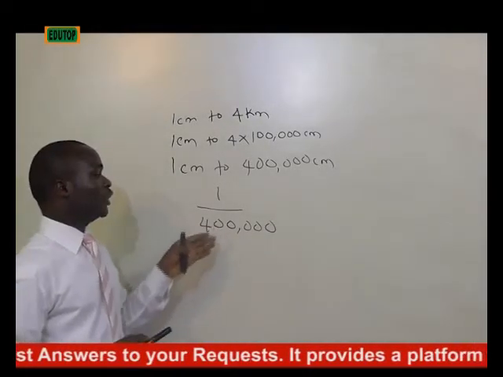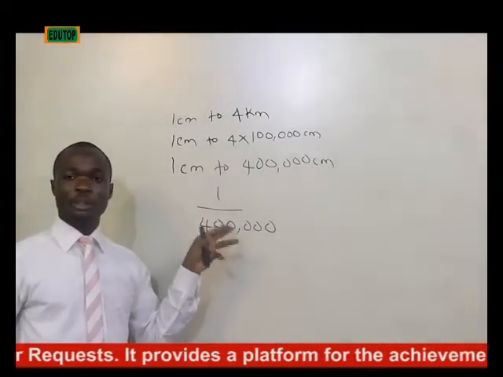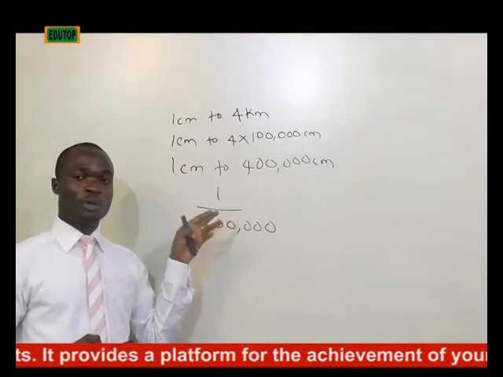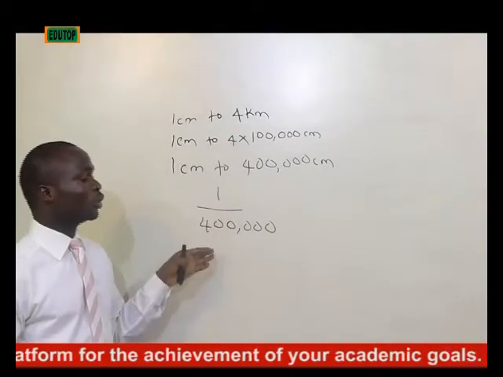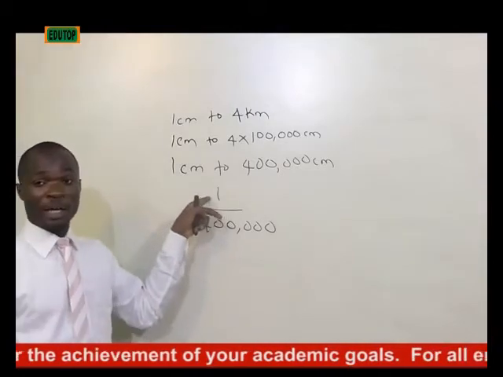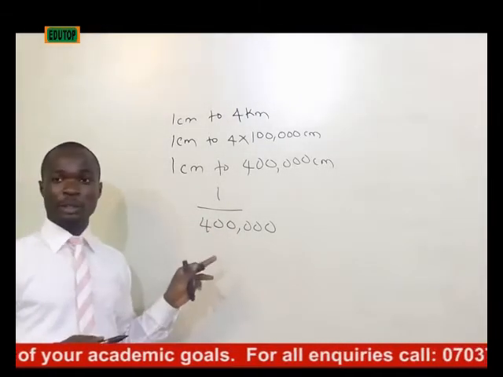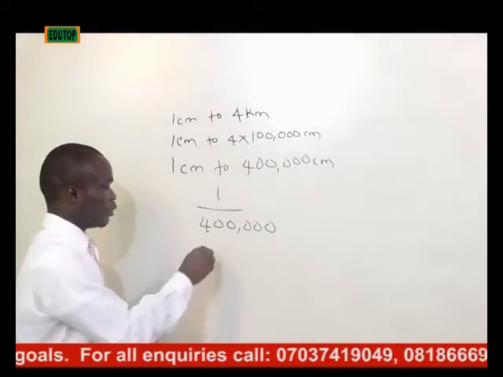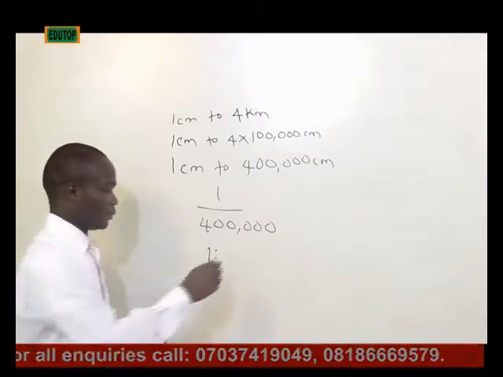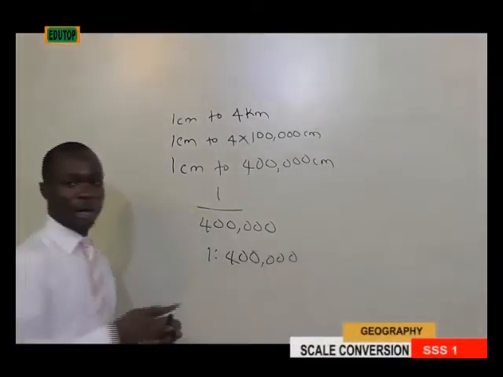The next thing you do is to divide until the numerator becomes 1. But obviously, as you can see, there is no need to divide because the numerator here is already 1. Therefore, the new scale in RF form is 1:400,000.